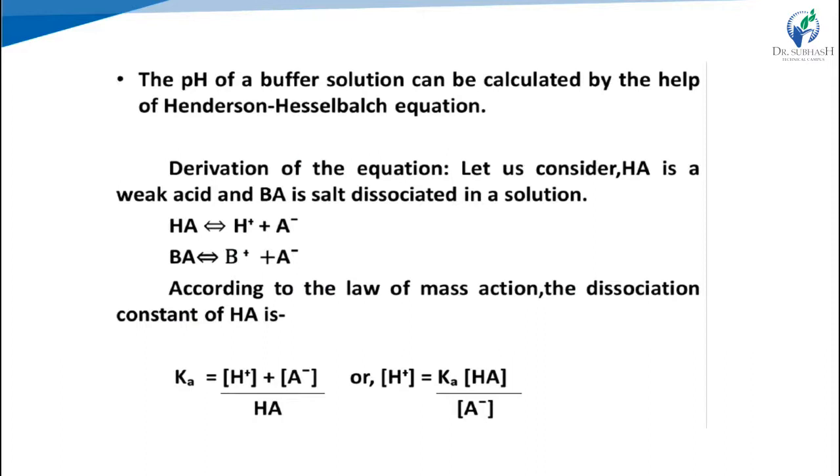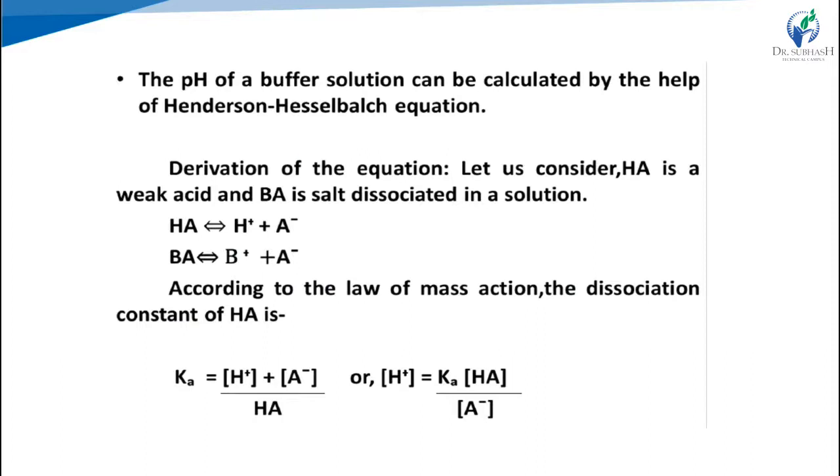Now, on addition of salt to that acid, the dissociation equilibrium gets disturbed by the addition of the salt, which provides the A minus ion. The degree of dissociation of a weak electrolyte, for example acetic acid, is suppressed by the addition of another strong electrolyte like sodium acetate containing a common ion.